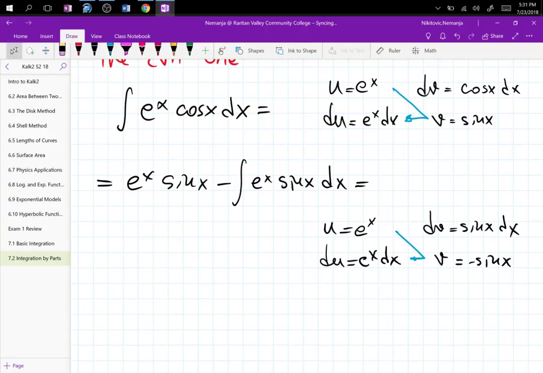Don't forget to copy the part that is already done. Minus, and now minus and minus gives us plus e to the x cosine x, and now minus and minus gives us minus the integral.